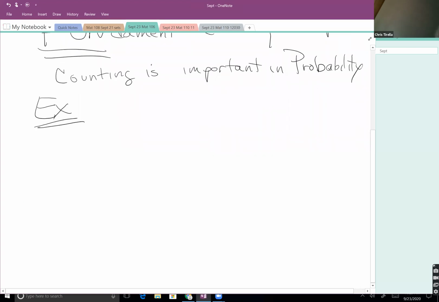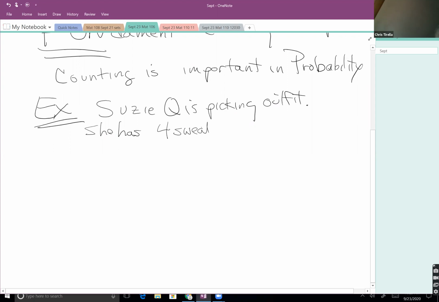And so in my example, let's say that Susie Q is picking an outfit. Let's say she has 4 sweaters and 3 pairs of jeans.